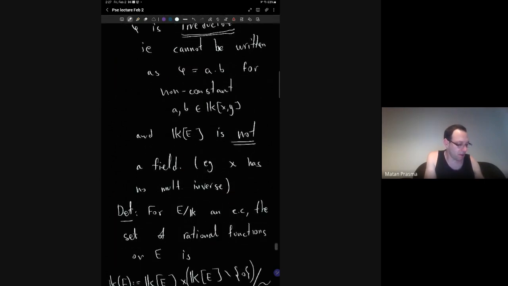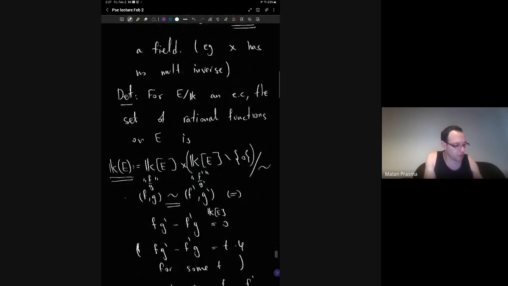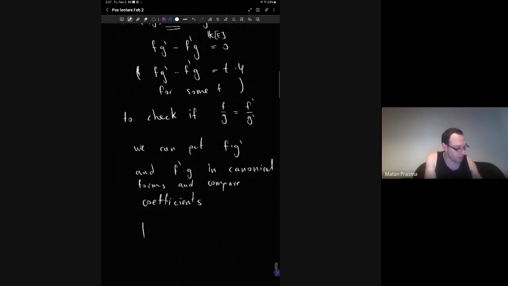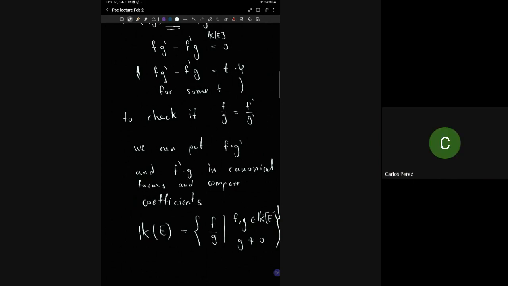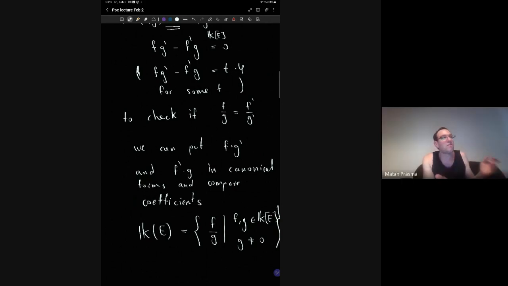Rational functions on E is simply, alternatively, you could define it as the set of all f modulo g such that f and g are polynomials on E, and g is non-zero. Again, non-zero means non-zero as a polynomial in K of E. Remember that in K of E, for example, the polynomial phi is zero.